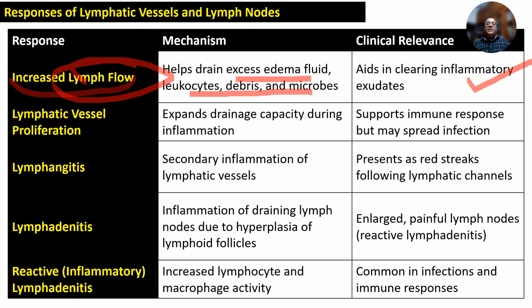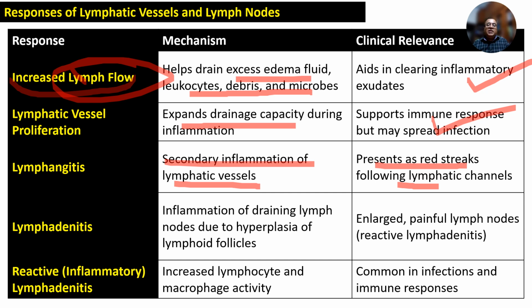Then the lymphatic vessels also proliferate. This proliferation increases the draining capacity and supports immune response, but it may spread the infection to other sites. Then there is lymphangitis, that is secondary inflammation of the lymphatic vessels, and we have seen the picture that it is present as red streaks on the skin.